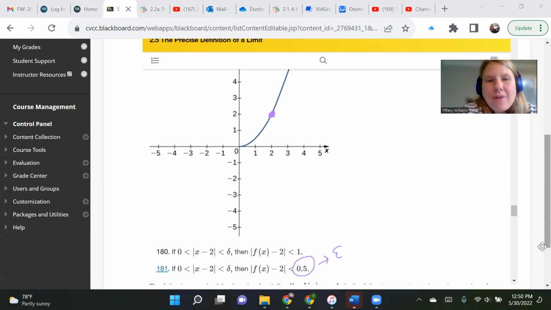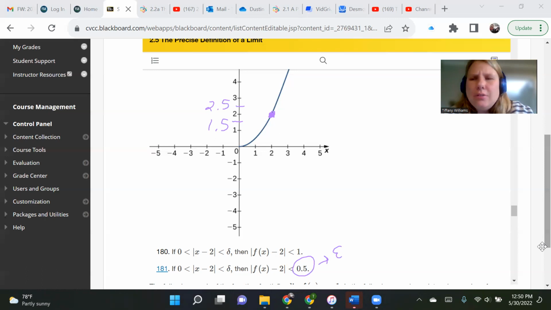So if I go 0.5 up, that's going to put me right here, right? That's going to put me at 2.5. And if I go 0.5 down, that's going to put me at 1.5. Sorry, I was trying to read my notes. I've scribbled something here that I was wanting to say.